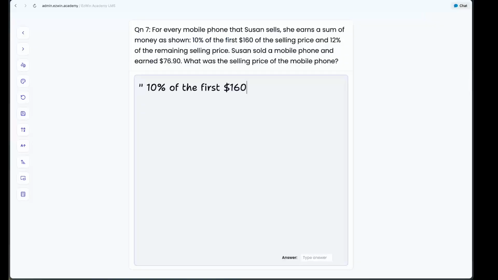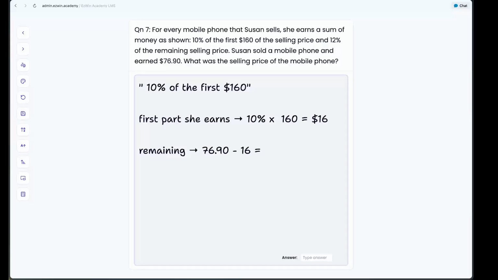So from the first statement, she earns 10% of the first 160, which is 10% times 160, which is equal to $16. So that means the remaining will then be equal to 76.90 minus 16, and this will give us $60.90.